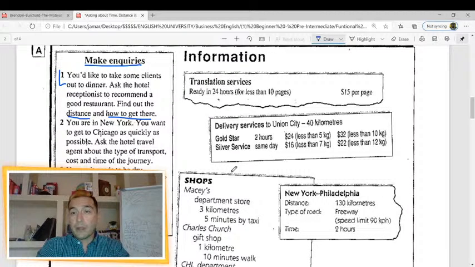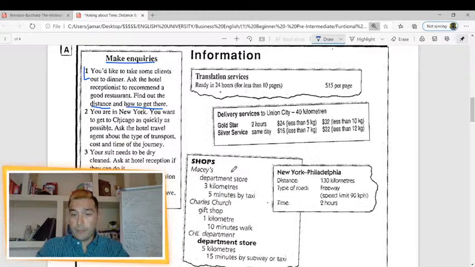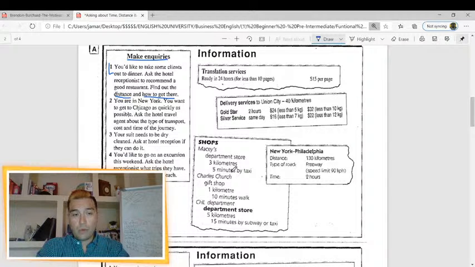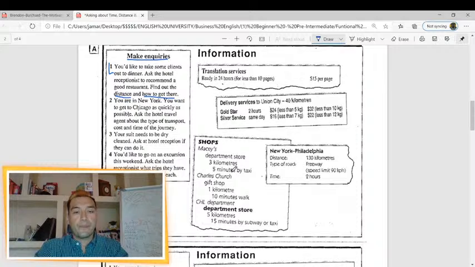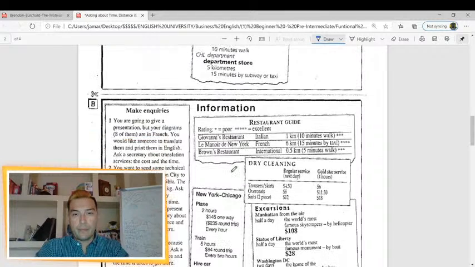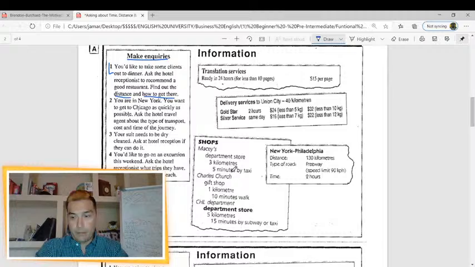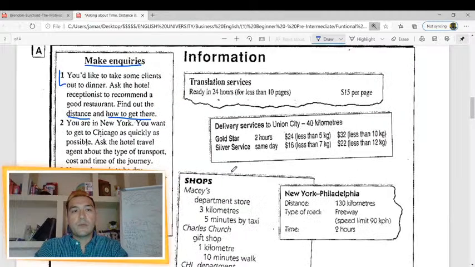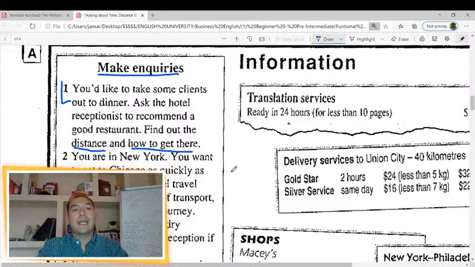Good? All right, so what is the question about? About a restaurant. Yes, we need a restaurant first. Excellent. Ask the hotel to recommend a good restaurant.